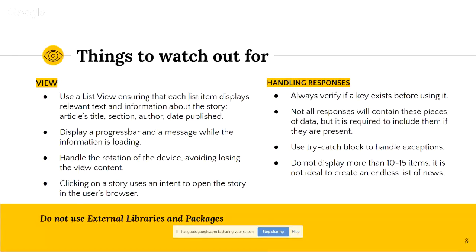First, use a list view, ensuring that each list item displays relevant text and information about the story. So for this project, you need to display the article's title, the section, the author, and the date the article was published. Those are the fields you need to bring and display in your view.